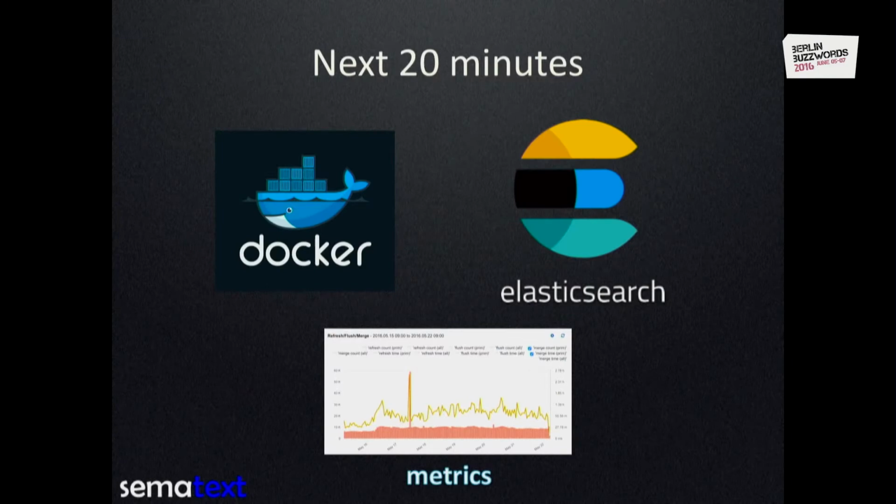First of all, Docker, then ElasticSearch, and finally a few metrics at the end that you should pay attention to whenever running ElasticSearch on a traditional bare metal, on VM, or in Docker, especially those were chosen for containers.